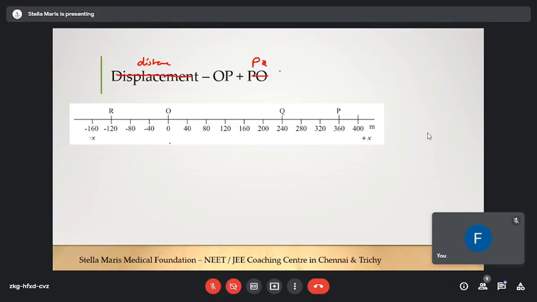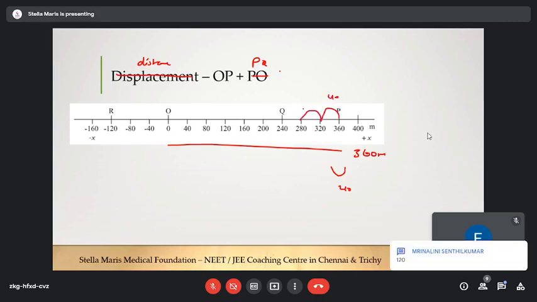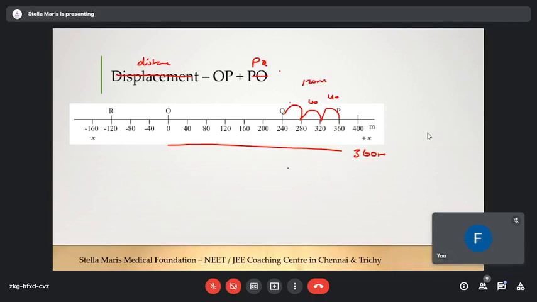So what happens O to P? 360 meters, right? And P to Q is what? From P to 320 is 40 meters, right? From here to here, 40 meters, and 40 meters. So P to Q is what? 120 meters. Yeah.